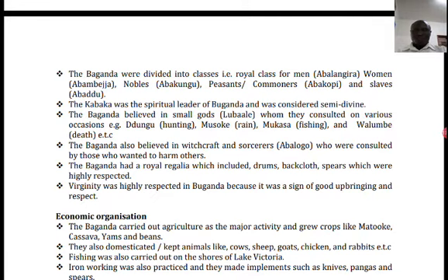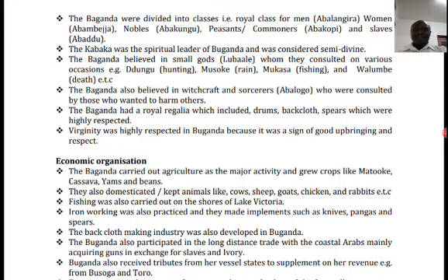Baganda also believed in witchcraft and sorcerers, whom they consulted because they believed that they possessed powers that could cause harm to others. The Baganda had royal regalia. These were symbols of leadership.